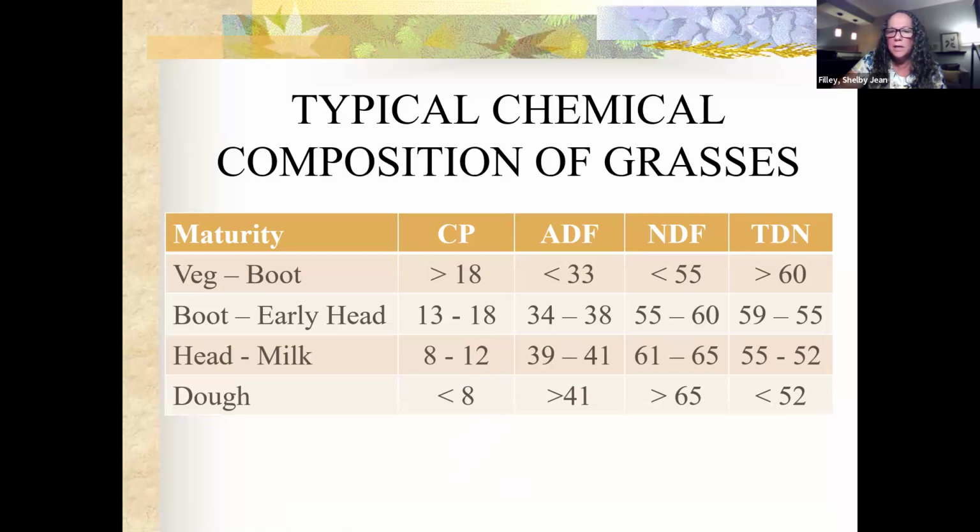And then the energy starts high in the very vegetatively growing green soft grass, very high, nice, and decreases as we go through the maturity of the grass. And then you can also look at the acid detergent fiber and the neutral detergent fiber and see the progression of the fibers, how they increase.